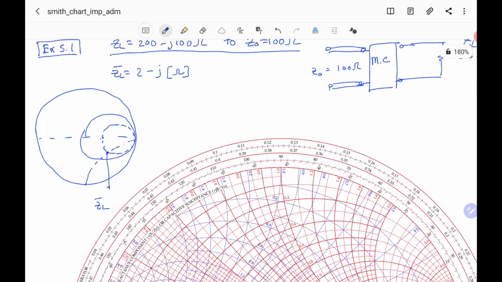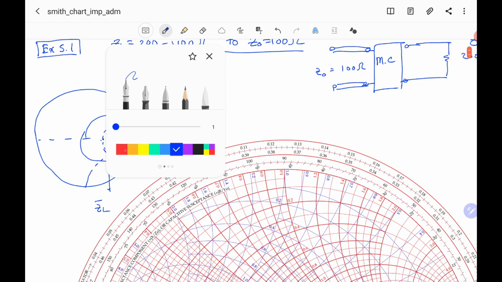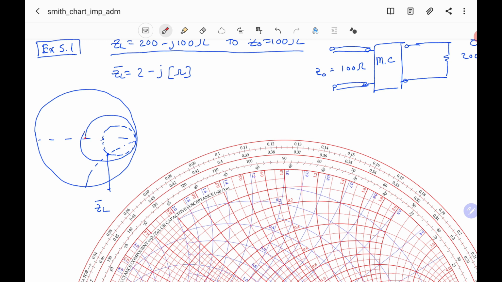So from here, how can we move this position to the origin? Because this one is inside the r=1 circle, even if we use series L and C, we don't have any chance to move to the origin position. The only thing we need to do is a shunt component.